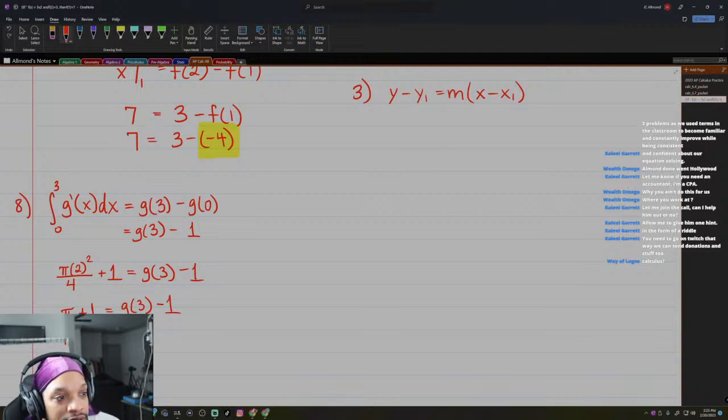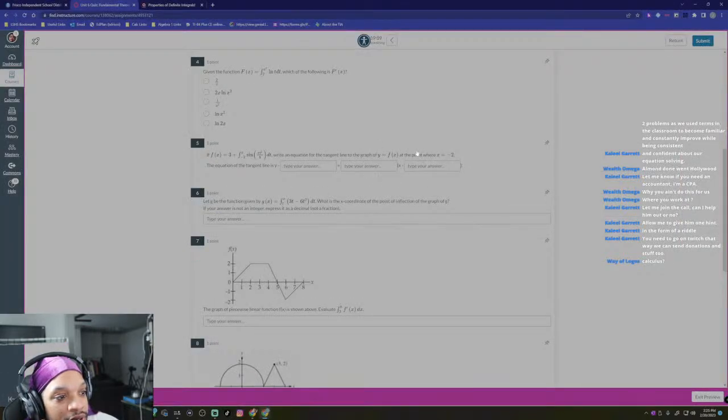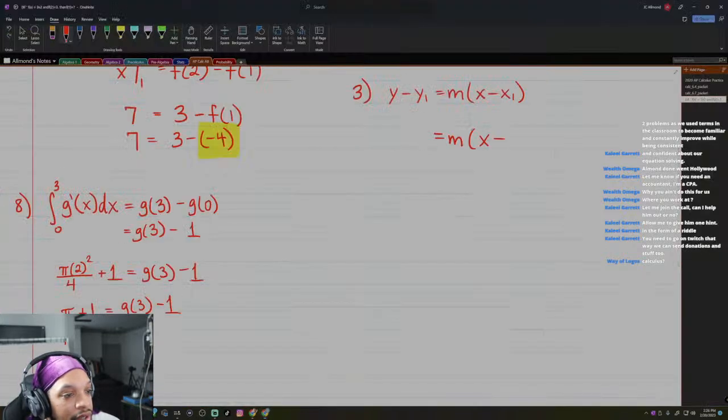And so they give us the x value. I don't know which version you got, but on this version, you see where it says at the point where x is -2? I got x equals 3. Okay, well, we'll do x minus 3 then.